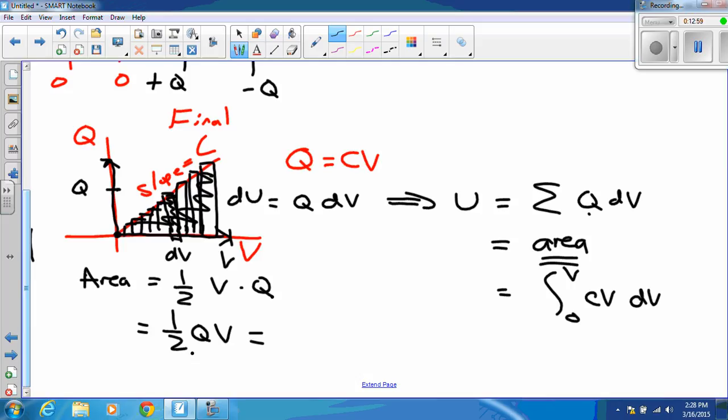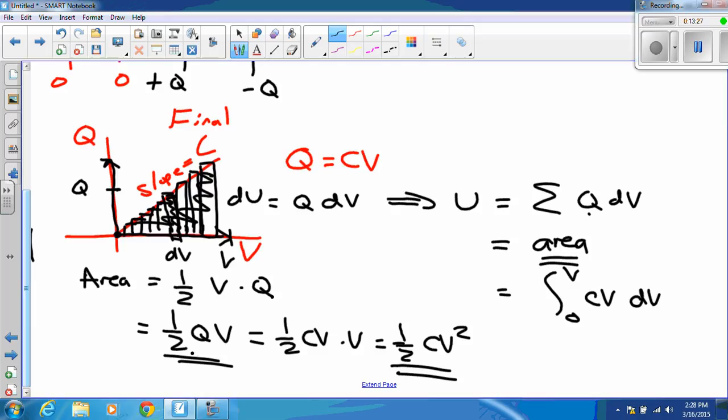Or, if you allow me to replace Q with what it is, which is CV, then I get the more standard expression, which is 1/2 CV squared. Both of these are used, both of them are useful. And you calculus students have probably already mentally done the integral right here to get the exact same expression, right?